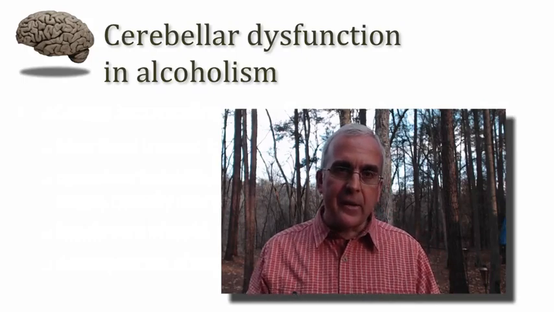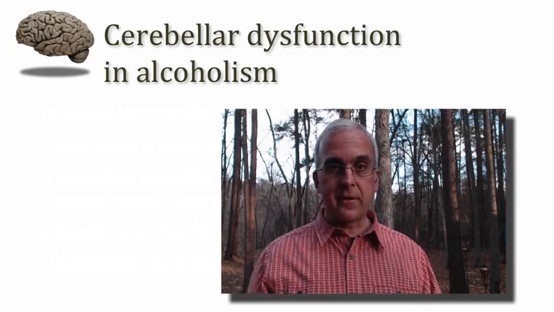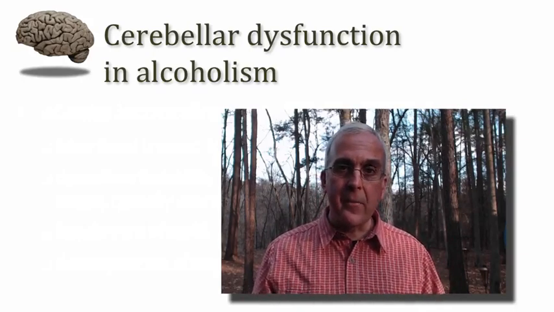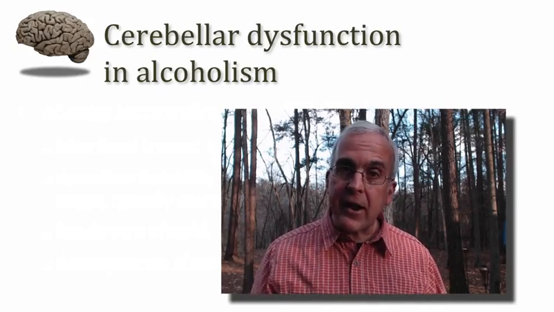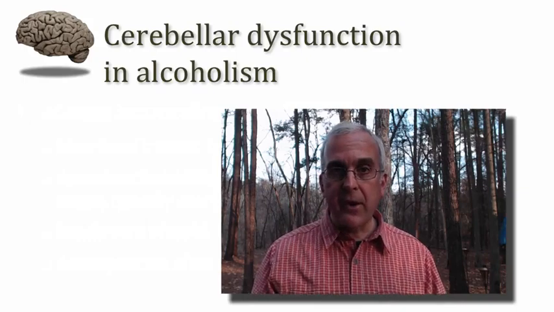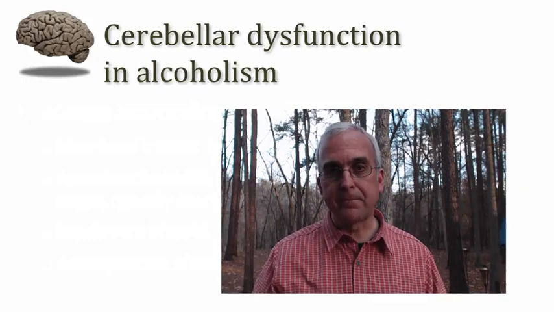And this is likely what explains the staggering gait that is characteristic of individuals that are chronic abusers of alcohol. They may be staggering not because they're inebriated, but because they've suffered this kind of medial and paramedial damage to their cerebellar hemispheres, as you are about to see.